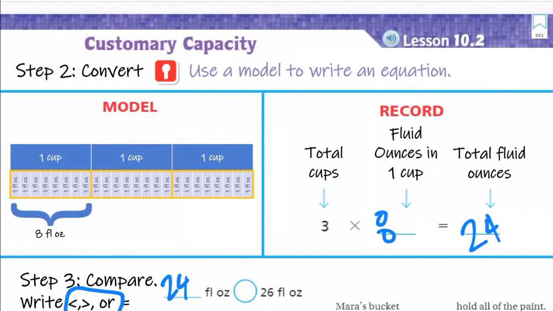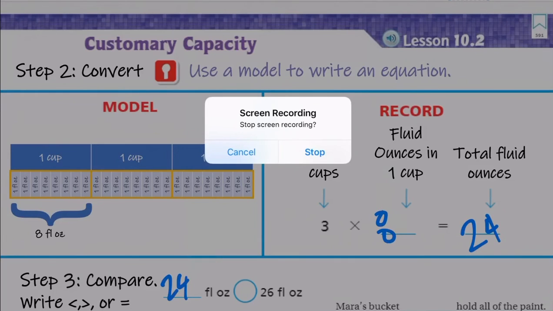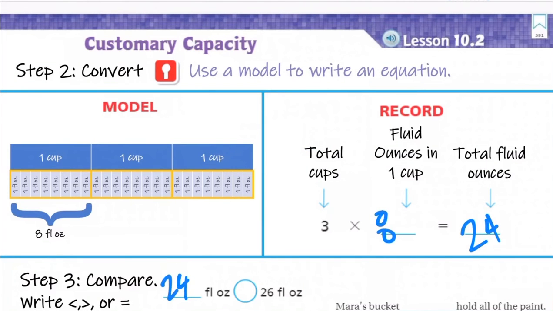We used these symbols at the beginning of the year, but it's probably good that we review. It's always good to review.